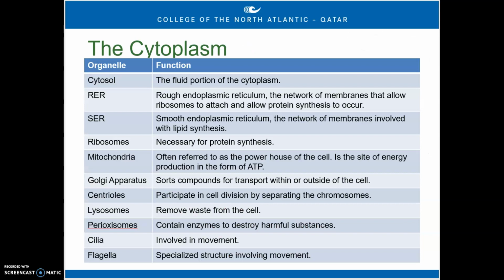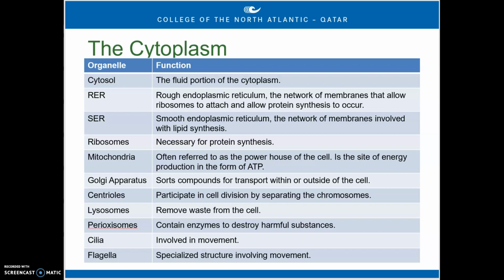Now, once we get inside the plasma membrane, the cell is mostly made up of a ball of fluid, and we call that fluid the cytoplasm. Inside the cytoplasm, we're going to have all of these different organelles. The cytosol is the part of the cytoplasm that's just fluid.